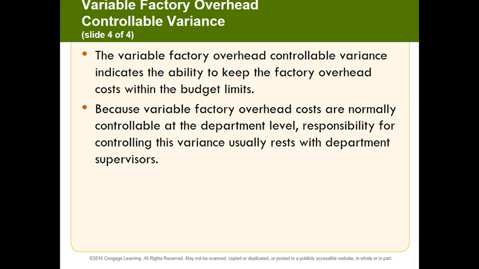This indicates the ability of the company to keep the factory overhead costs within their budget limits. Because variable factory overhead costs are typically considered controllable at each department's level, the responsibility for controlling this variance and the reporting would go to the department's supervisors.